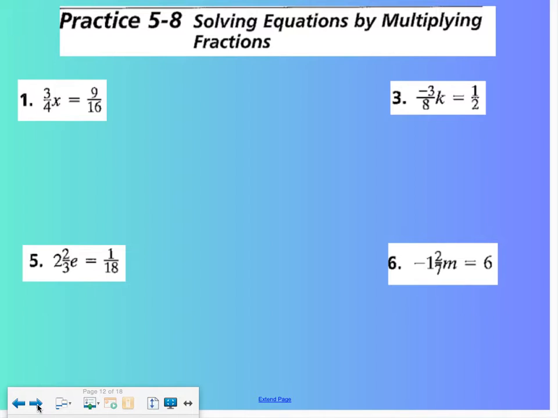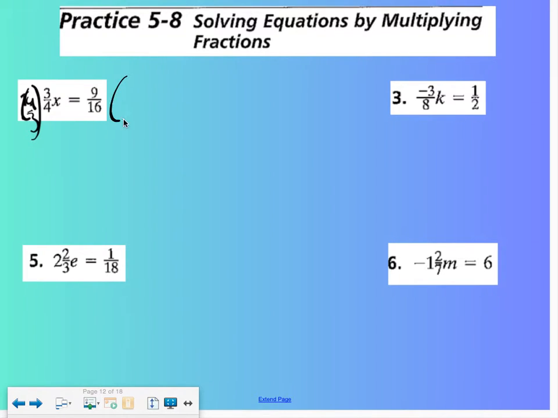All right, so 5/8 was all about multiplying fractions. So for example, number 1, it's saying 3/4 is being multiplied by x. Well, how do we get x by itself? Well, you want to divide by 3/4, but what does that mean? Well, it's the same as multiplying by the reciprocal.